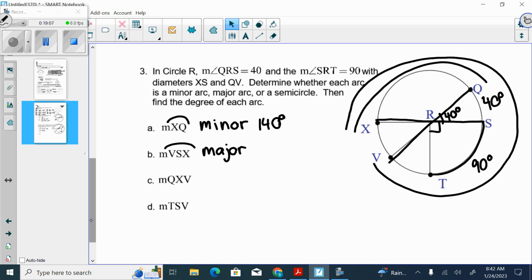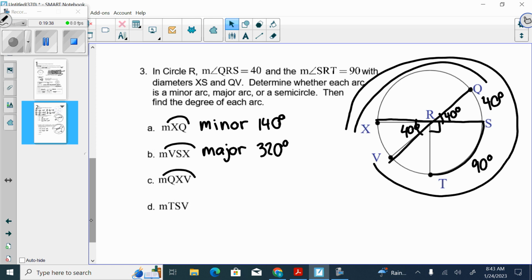So the only part not included here is this piece right here, right? How many degrees should that piece be? 40. Why? Vertical angles, very good. So if it's 360 degrees all the way around and the only piece not included is the 40, it would be 320.